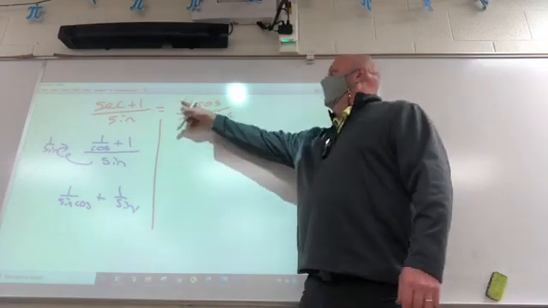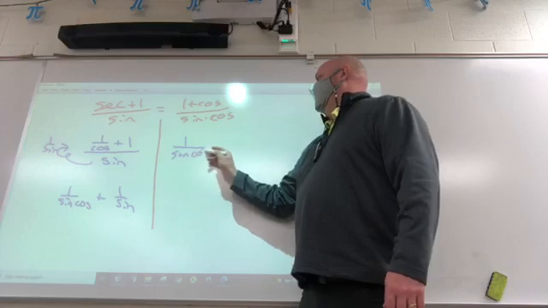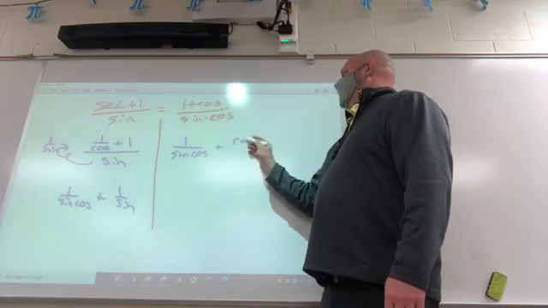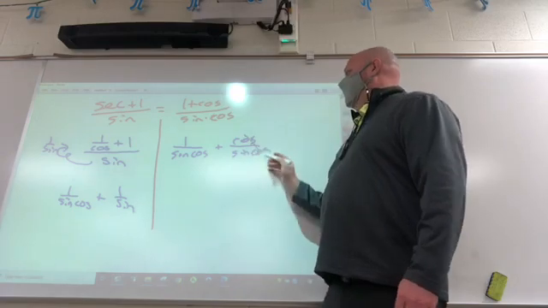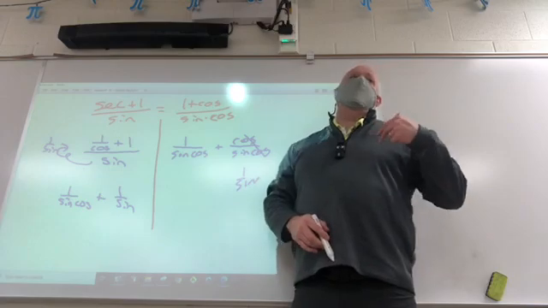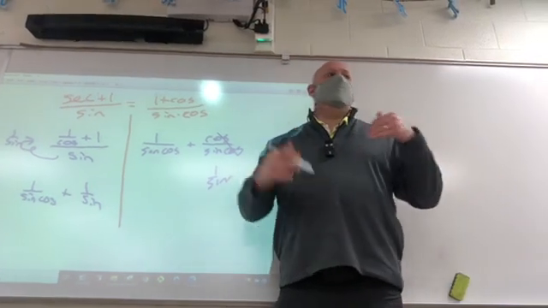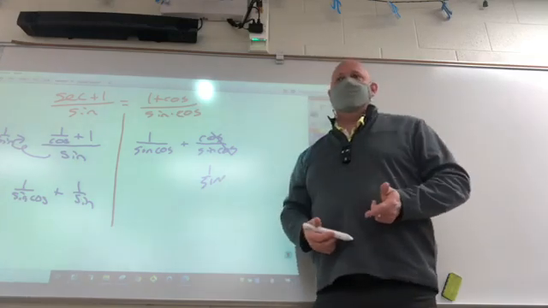So this split would be 1 over the sine cosine plus the cosine over the sine cosine. And then the cosines cancel, and that's where your 1 over sine comes from. Now, that's probably the easiest mental approach to doing this proof.